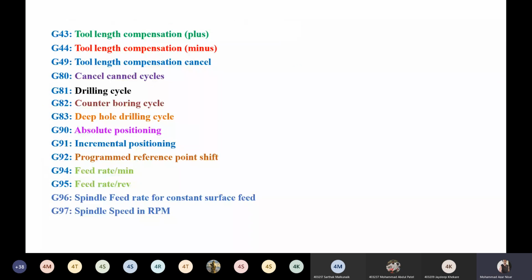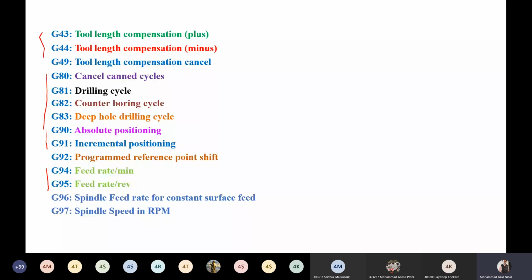Then next, you can remember this is one of 5 codes. Then you can remember the canned cycle set. And these 2 sets are there, 90 and 91. These 2 codes are there, and you can remember this 94 and 95.